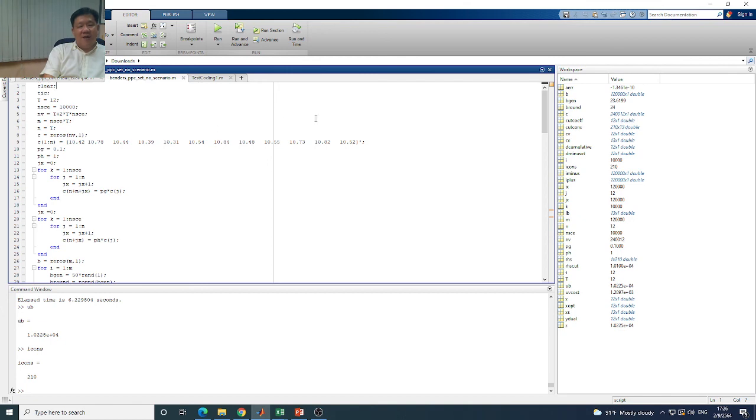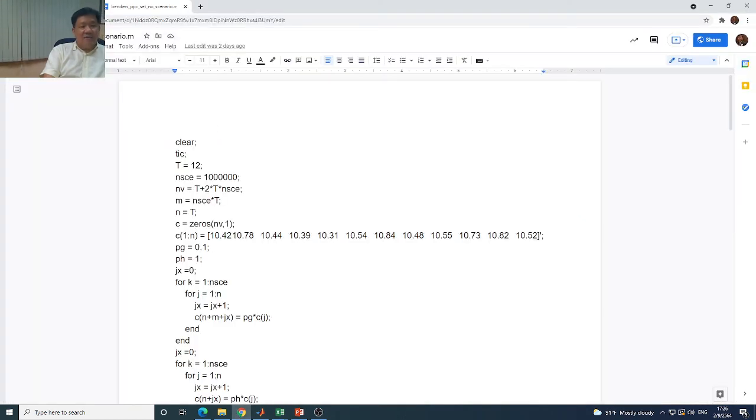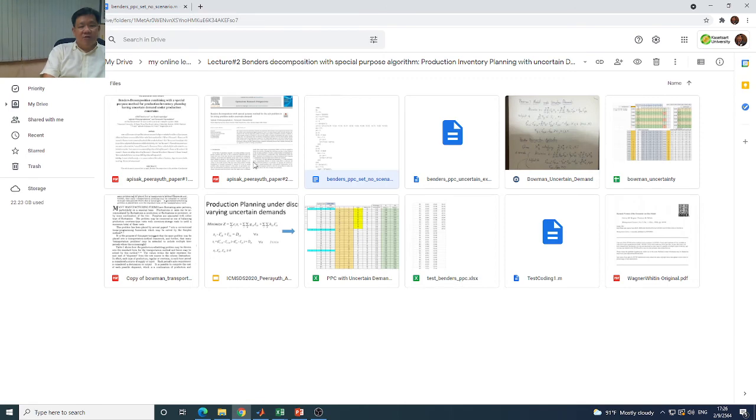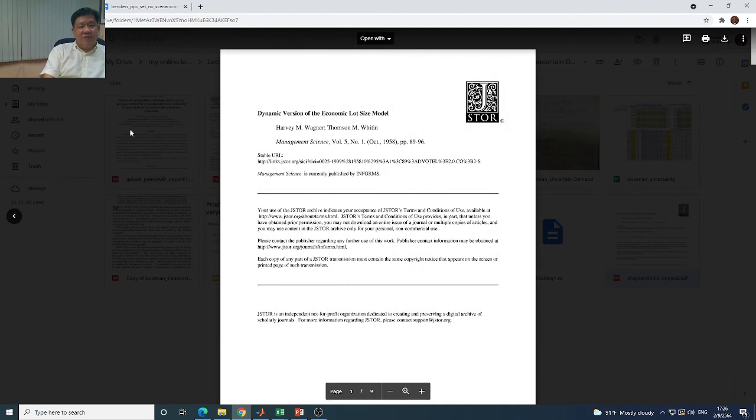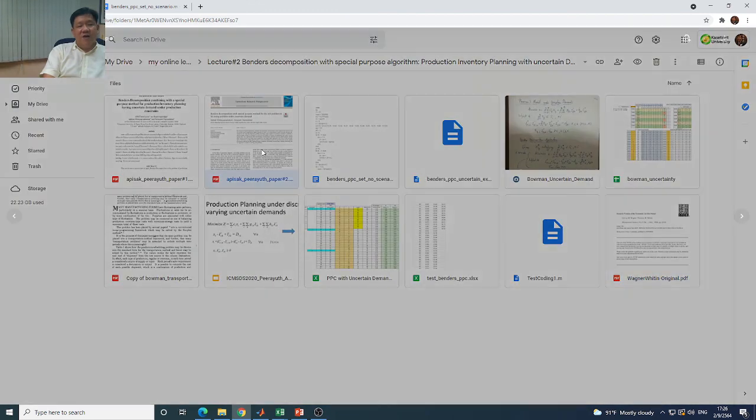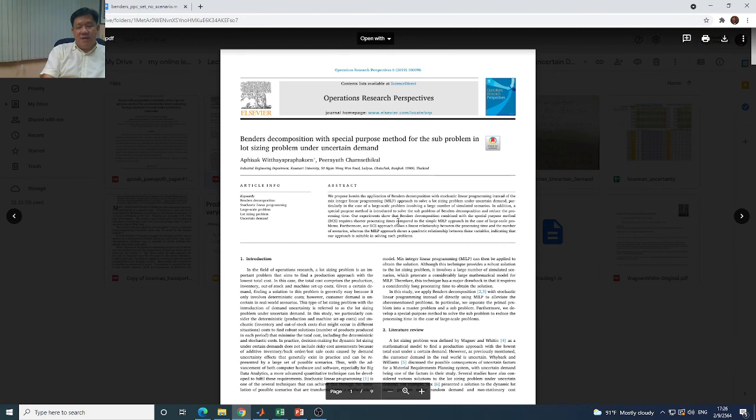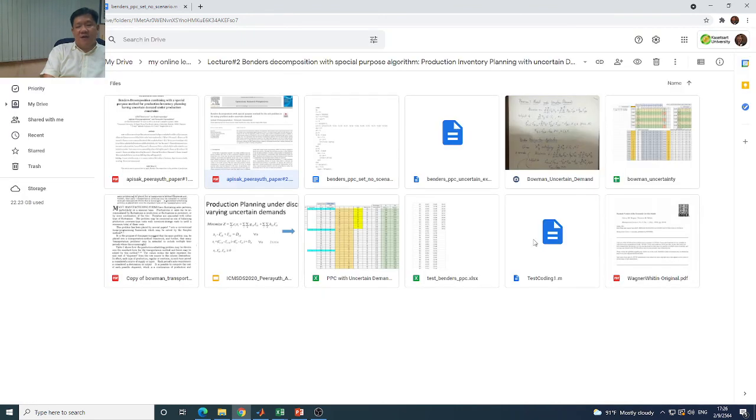Next time, in the next script, we'll go back and go into more detail about these two papers of Wagner and Whitin, which is the original one, and the work of Apisak and me that extends it under uncertain demand.